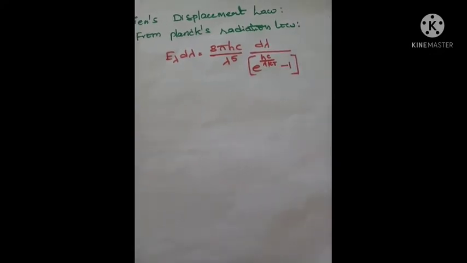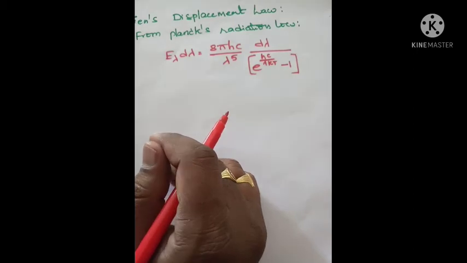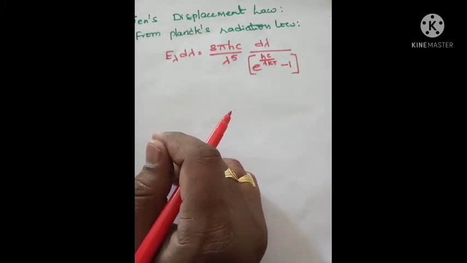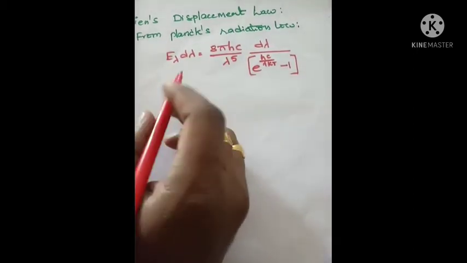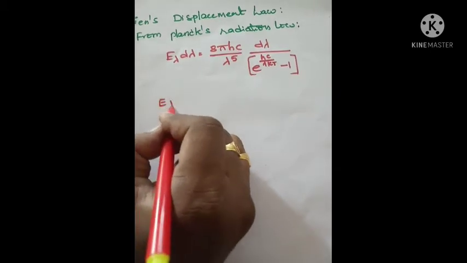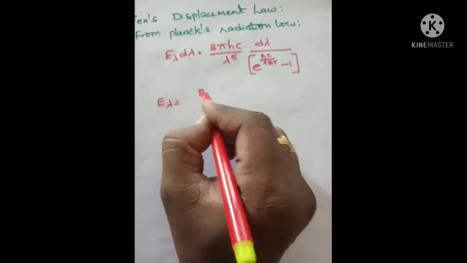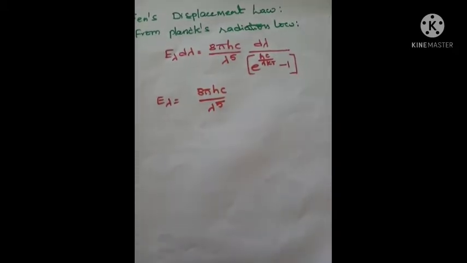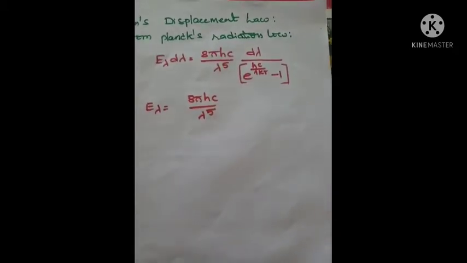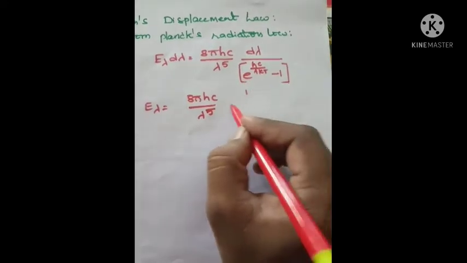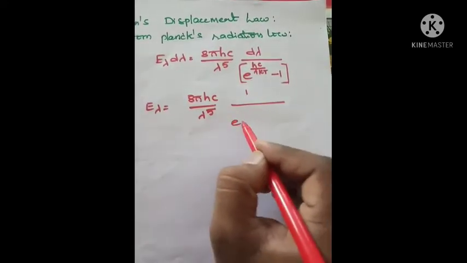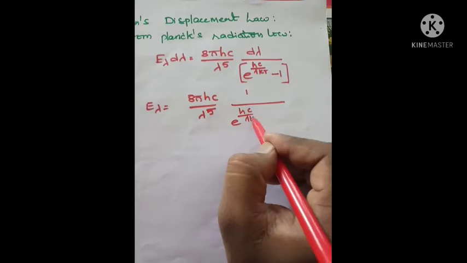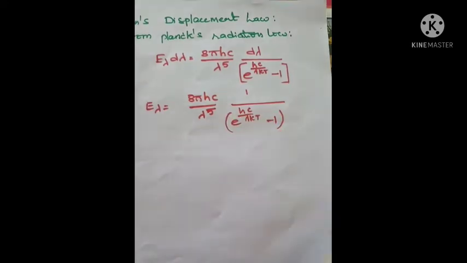Okay. Now with the help of this equation, we'll write E lambda equal to 8 pi hc by lambda to the power of 5 into 1 by e to the power of hc by lambda kt minus 1.